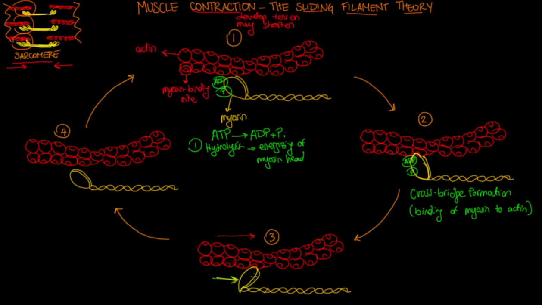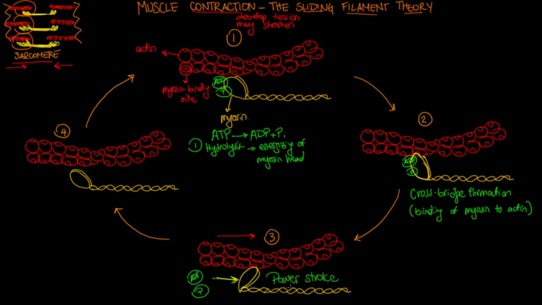And so when it bends, this is what we call the power stroke. And during this time, as the power stroke is occurring, ADP and phosphate are also being released. And so after the cross-bridge formation, ADP and phosphate will be released off of the head of myosin, and the power stroke can also take place.